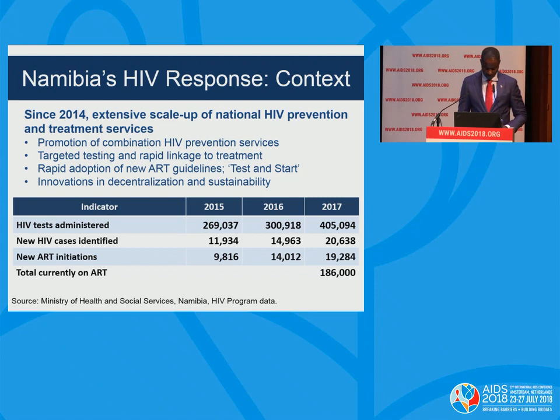Also with rapid adoption of new ART guidelines, which include test and treat. We had a few innovations and decentralization of our clinical services and trying to make those systems sustainable, we believe has helped us quite a lot.